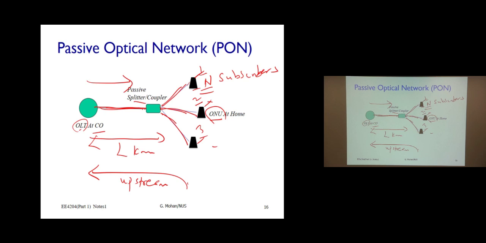It allocates some slots: during time slot 1, this home user can send data, and for this much period you can send data. It is based on demand. Let's say user 1 has a lot of data to send compared to user 2, then user 1 will be given more time to transmit. Okay, is that fine? Any doubt?